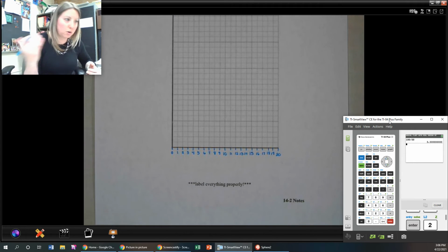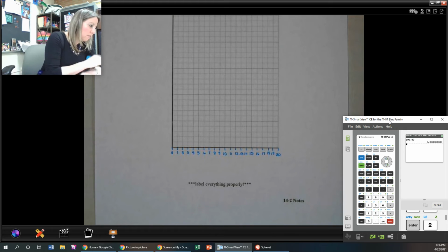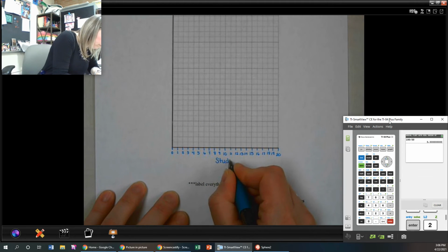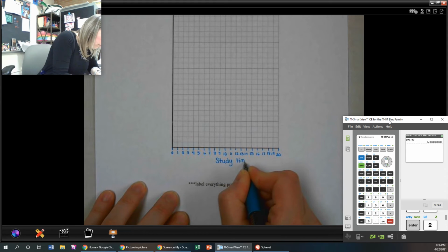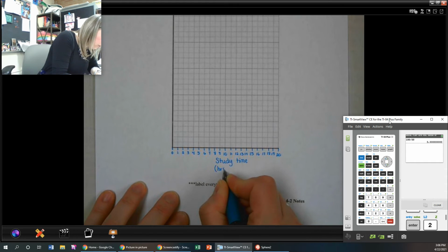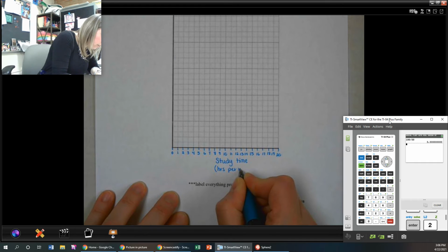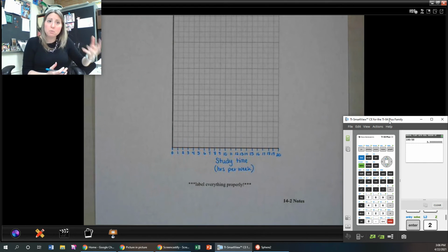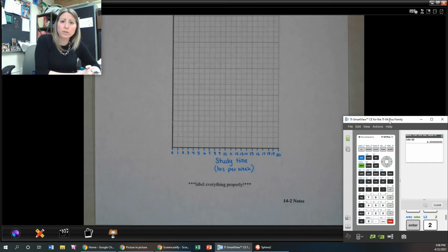So I like to do a quick outline. And of course, this is study time in hours per week. And that was labeled up on the table. So that's my first labeling.